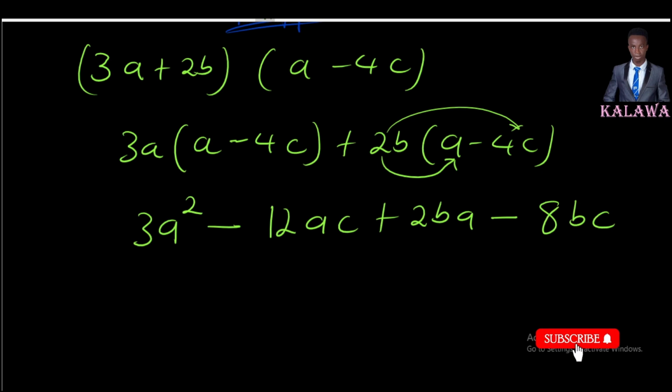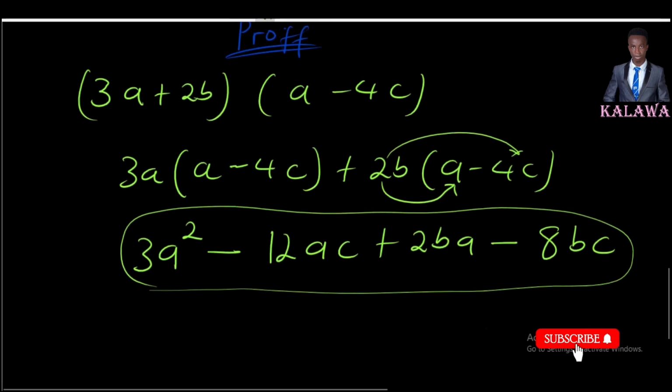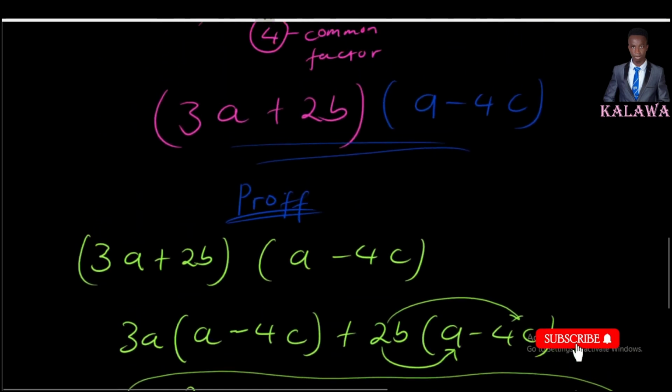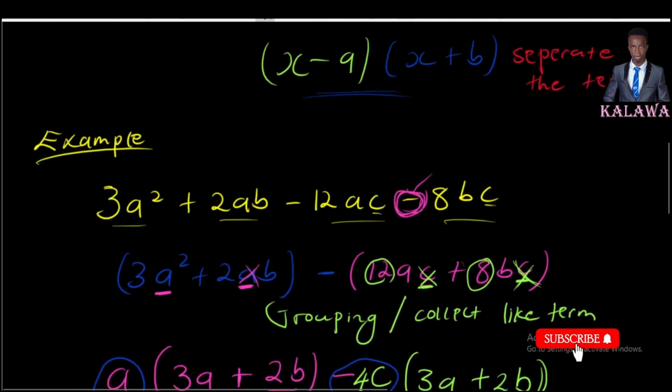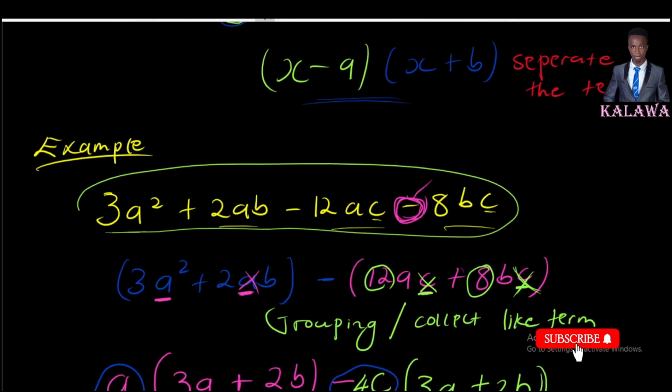You can notice this was the question that was given to us. When we do the inverse, we must arrive at the same question. So this is 3a squared minus 12ac plus 2ba minus 8bc. And when we look at the question again, it is also the same: 3a squared plus 2ab minus 12ac minus 8bc.